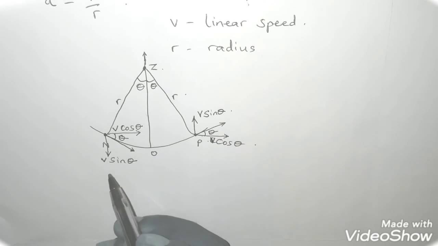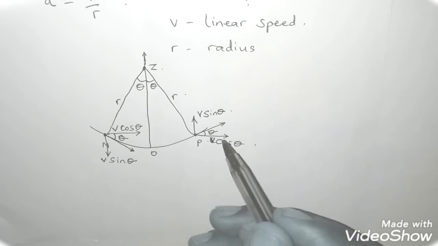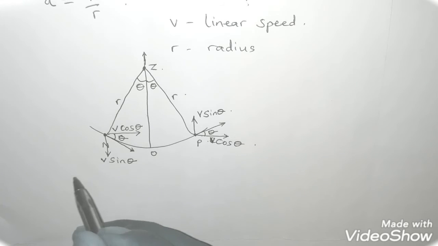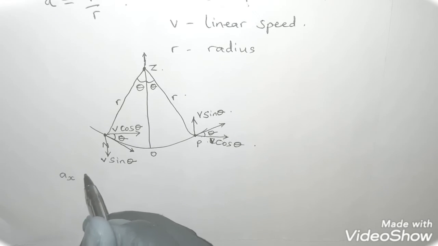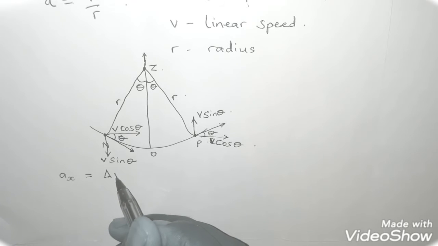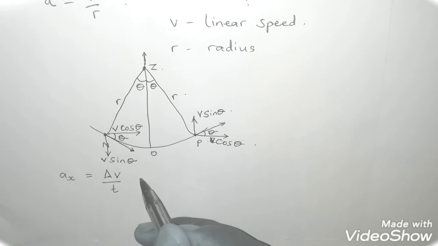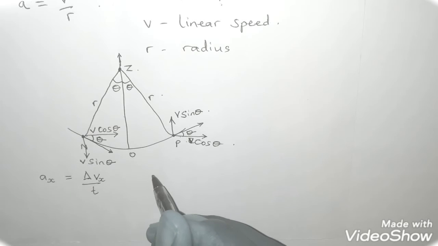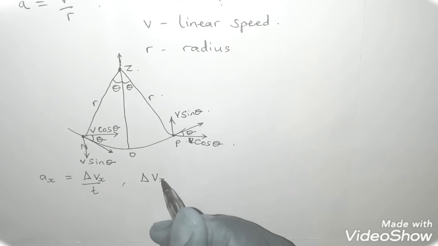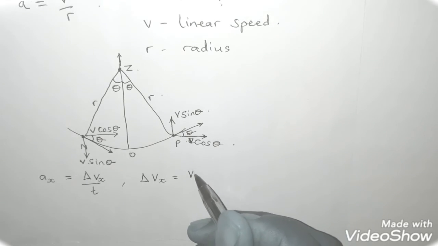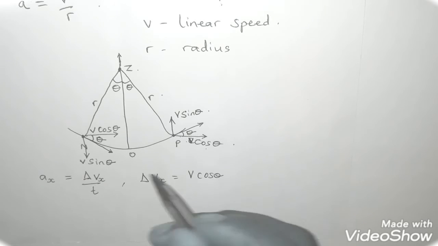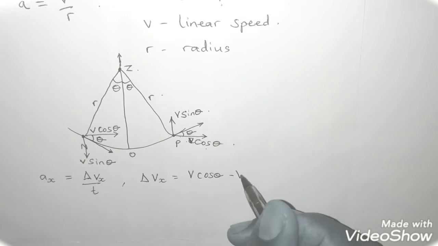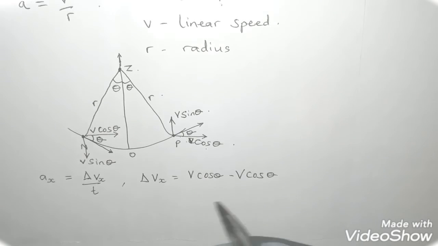Okay, so if we consider the horizontal motion, horizontally, the horizontal acceleration of the particle will be the change in the velocity over the time. This velocity is the horizontal velocity, but the change in the horizontal velocity will be v cos theta, which is the final velocity, minus the initial velocity v cos theta, and this will give us 0.